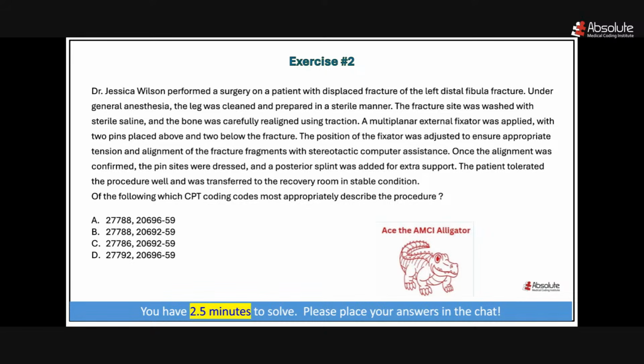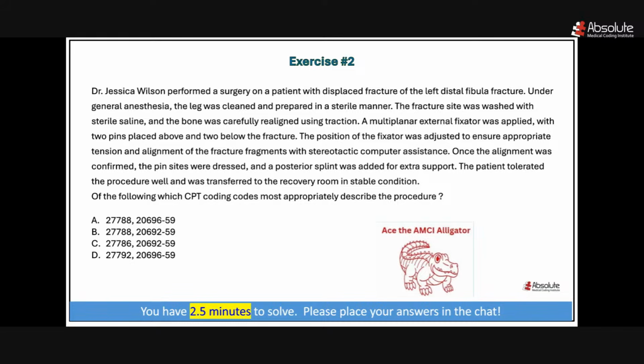Dr. Jessica Wilson performed a surgery on a patient with a displaced fracture of the left distal fibula under general anesthesia. The leg was cleaned and prepped in a sterile manner. The fracture site was washed with sterile saline, and the bones were carefully realigned using traction. A multiplanar external fixation was applied with two pins placed above and below the fracture.